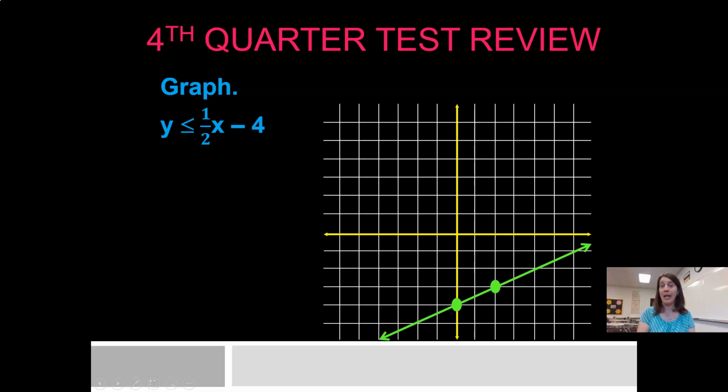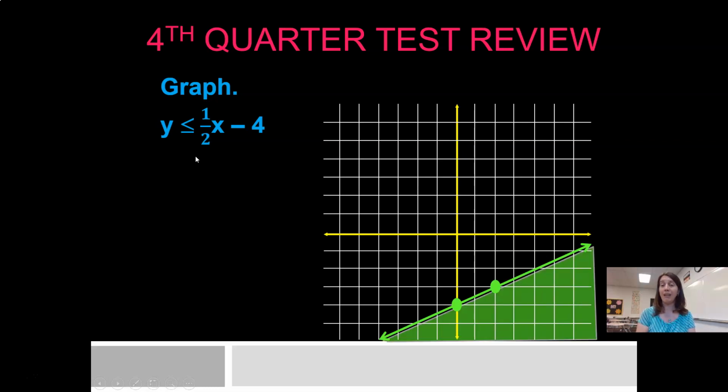The last decision was where we were going to shade, whether above or below the line. Again, that decision is made from the inequality. The inequality here is a less than. So what does less than mean? It means to shade below. So I shaded below my line, and that would be the final picture for question 22.